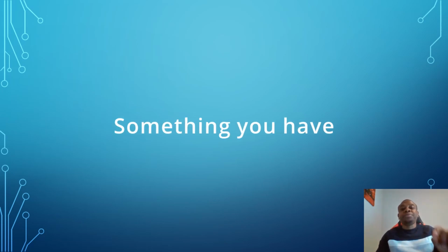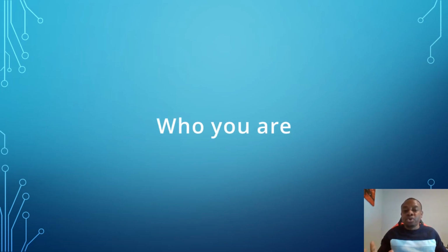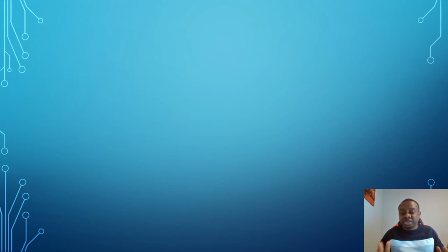Now, something you have is something that is physical, something that you can hold, like your token, like your PIV card, your smart card. Now, who you are, anytime you remember who you are, something that is on your body, biometrics, your fingerprint, your voice recognition, your iris scan is who you are.